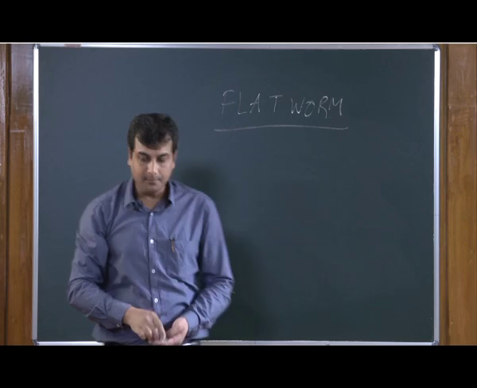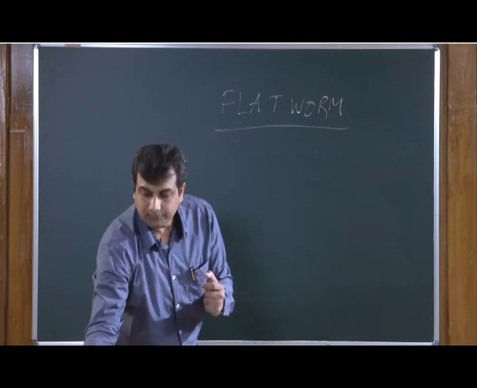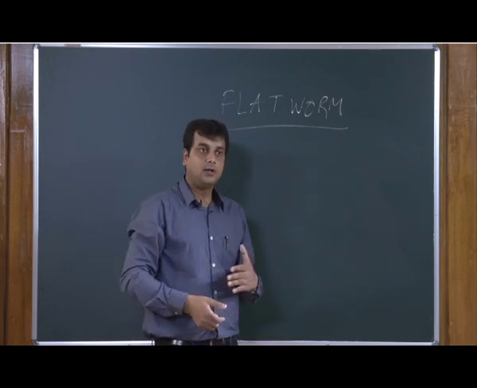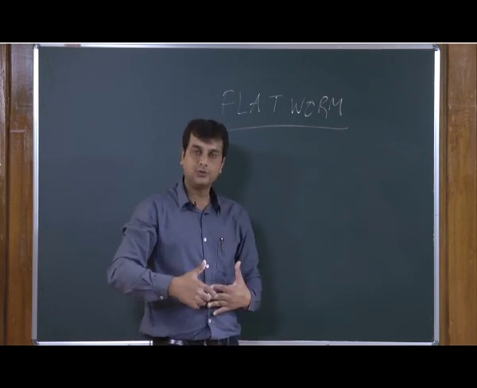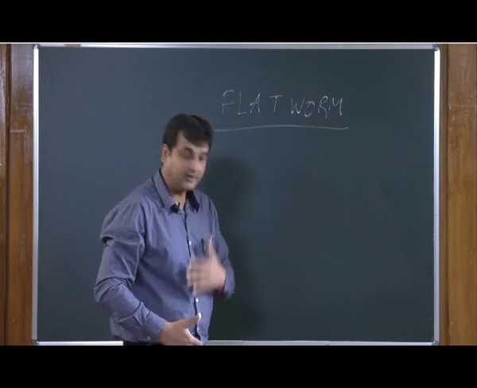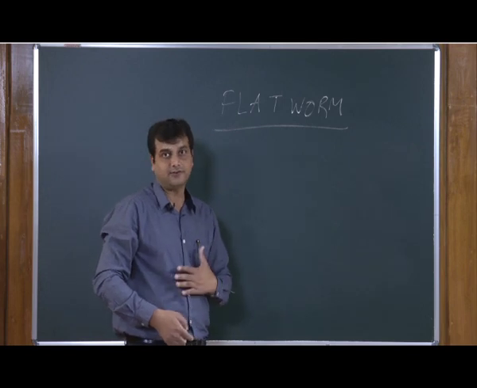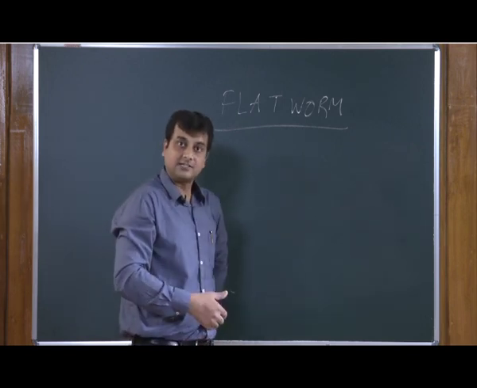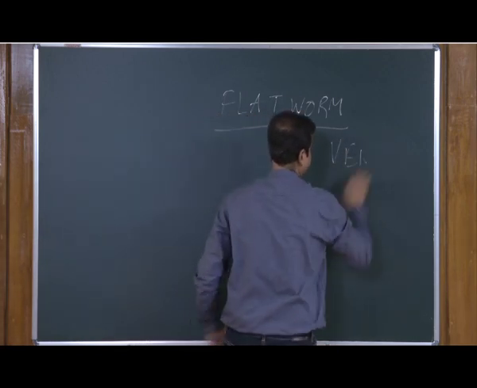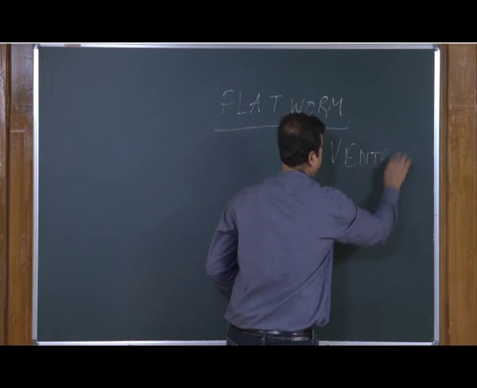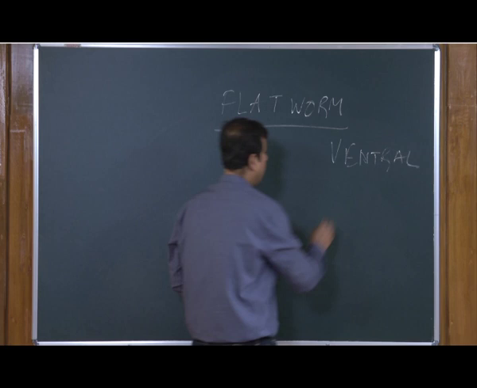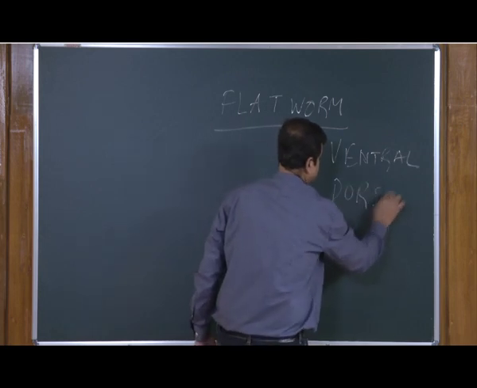Just to give an understanding about why they are called flatworms: if we look at the human body, this belly portion is called ventral, and the portion coming from the back is called dorsal.